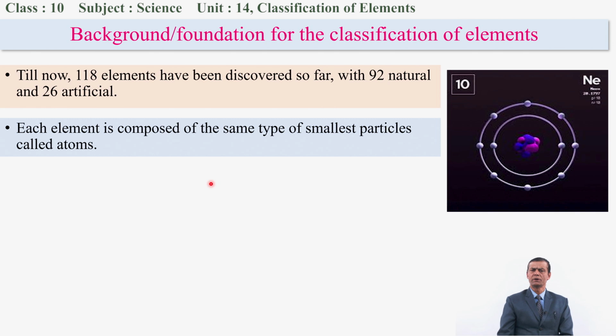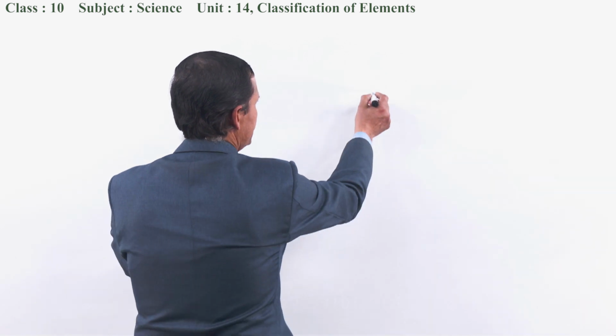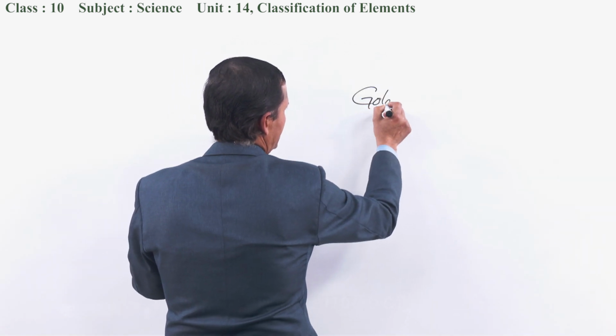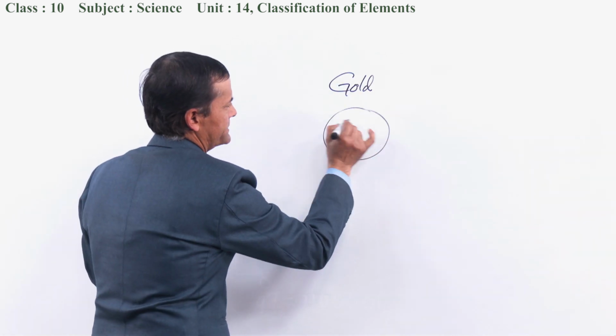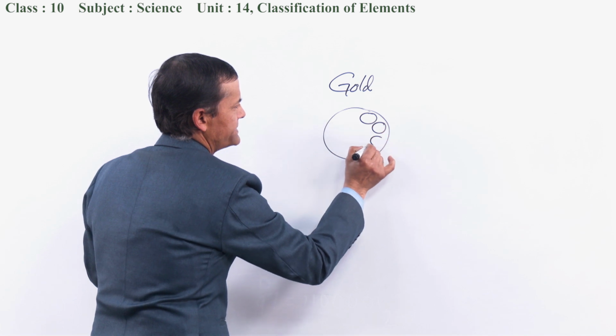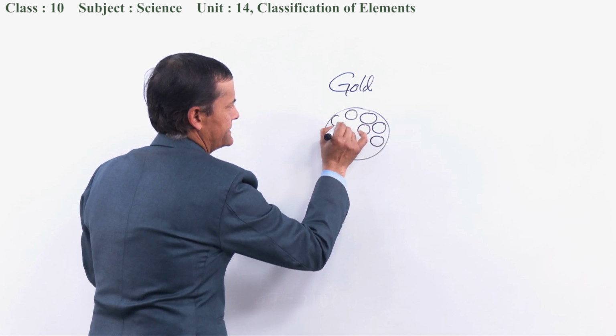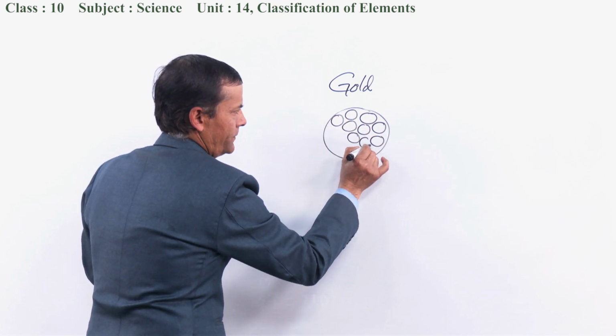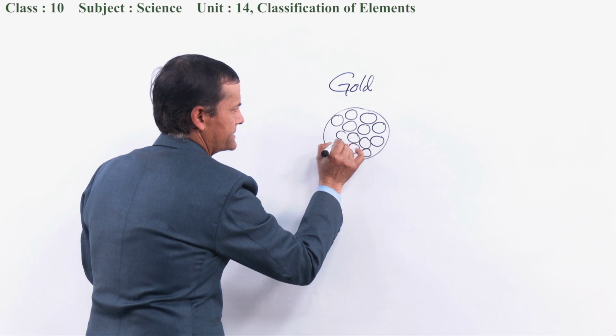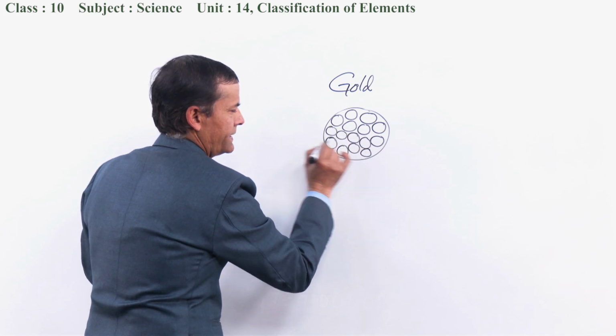Each element is composed of the same type of smallest particle called the atom. You know, each element, for example, gold is one element. So gold is composed of very small particles. This is a piece of gold, and this gold is composed of the same type of particles of gold, isn't it? So every particle of gold is termed an atom.